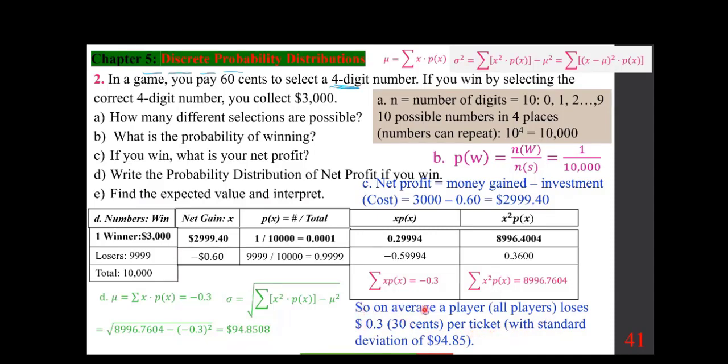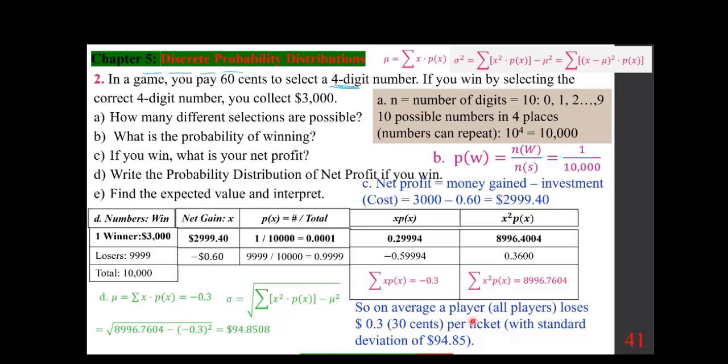On average, all players, including the one who wins, lose. So a player loses how much? 30 cents on average. That means per ticket. I want to make sure everybody understands the meaning, the importance and the power of this statement.